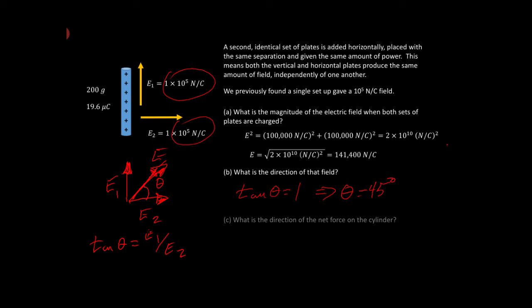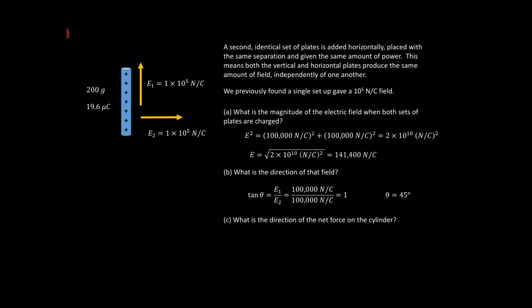Finally, we want what is the direction of the net force on the cylinder. Here we have to come back. We're asking for the net force, which is going to be which way the cylinder accelerates. Okay, x and z. And then we have our weight coming down. Then we have our force coming up this way. Now remember, this guy was designed to exactly counteract the weight here.